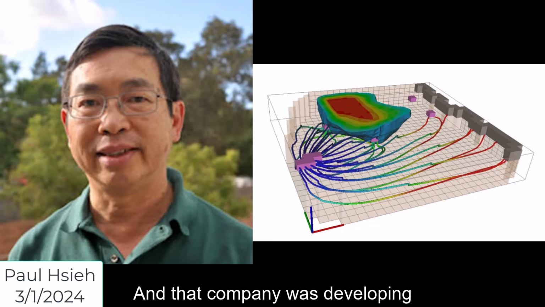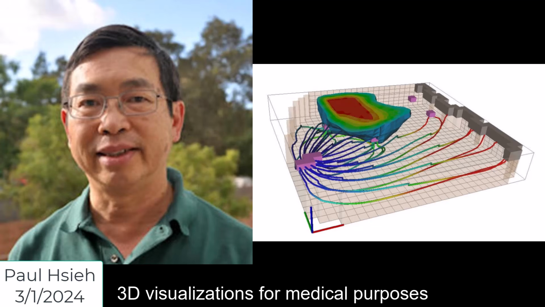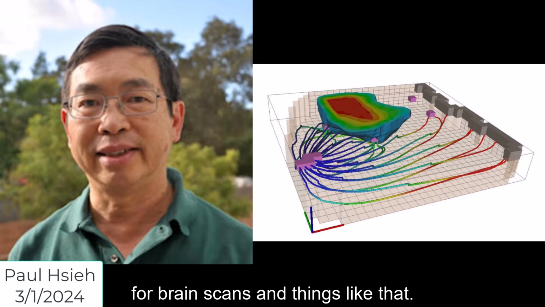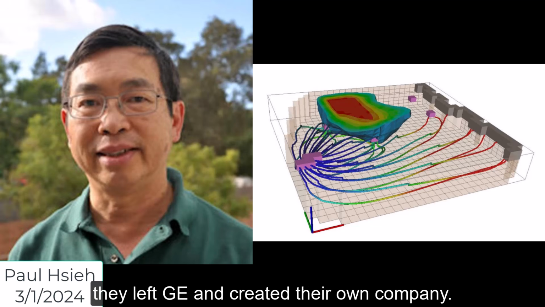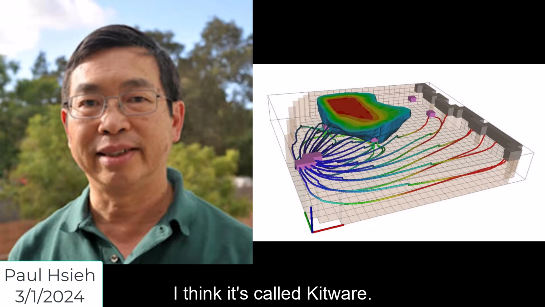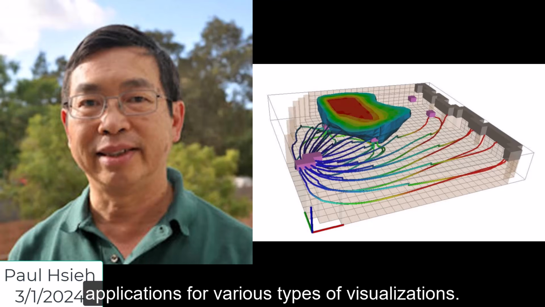And that company was developing 3D visualization for medical purposes, for like brain scans and things like that. And they wrote this library as open source software and have the code available for anybody to use. And then soon after that, they left GE and created their own company. I think it's called Kitware, and further developing applications for various types of visualizations.